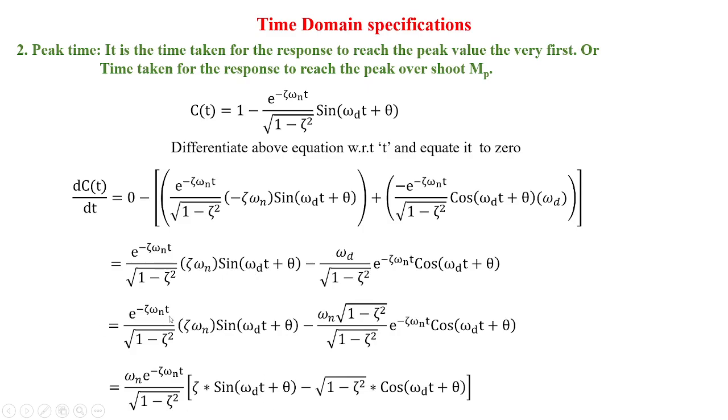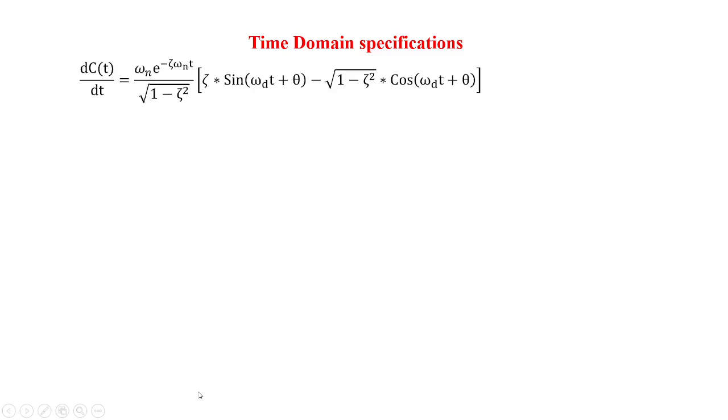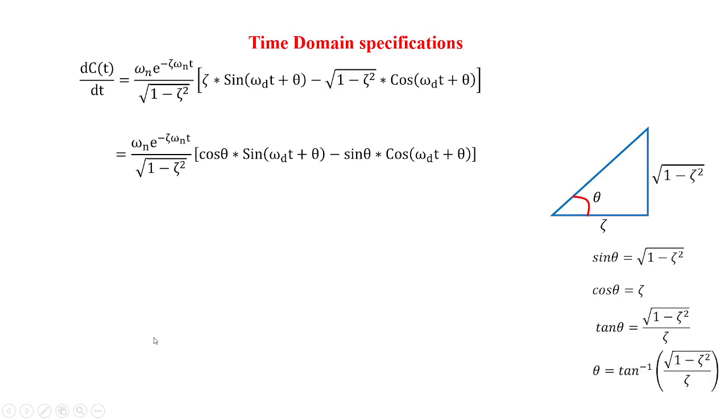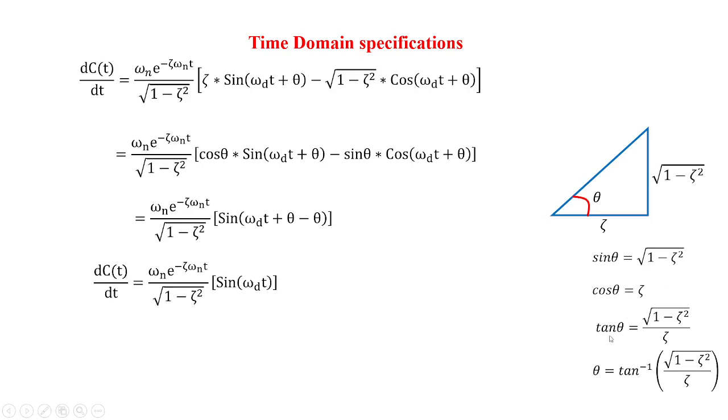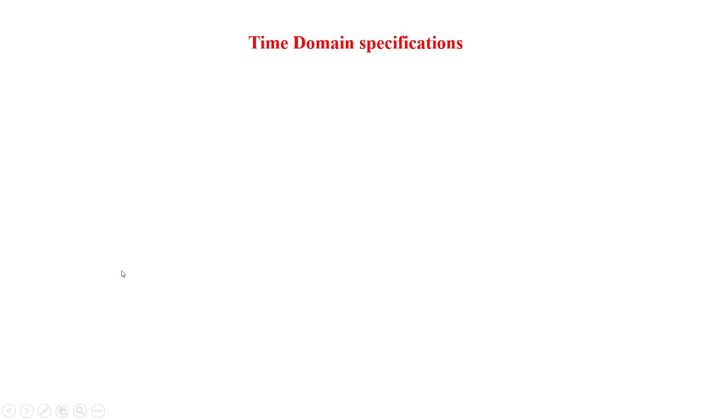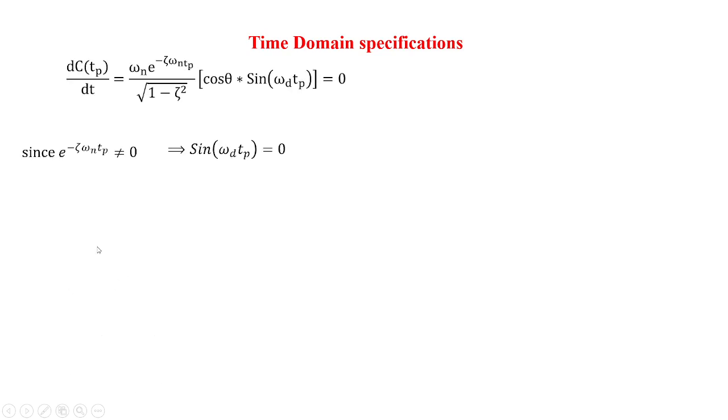So you can see I have taken the derivative dc of t by dt, and let us equate these values to 0, and with the sine term notations of cos term and tan theta term, we can get the value of d c of tp by dt, which is equal to 0.